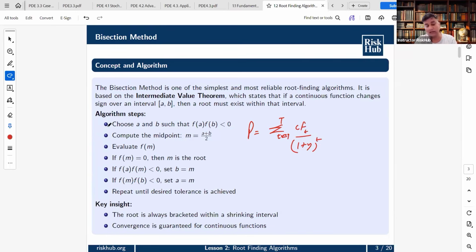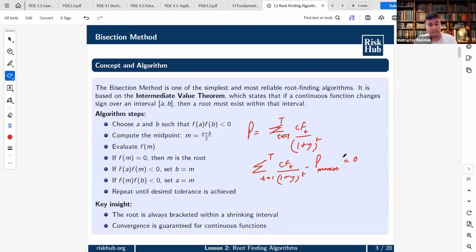So if we know y, finding the price is easy, but if we know the market price and we want y, then we solve for y. Okay, this is your root finding.